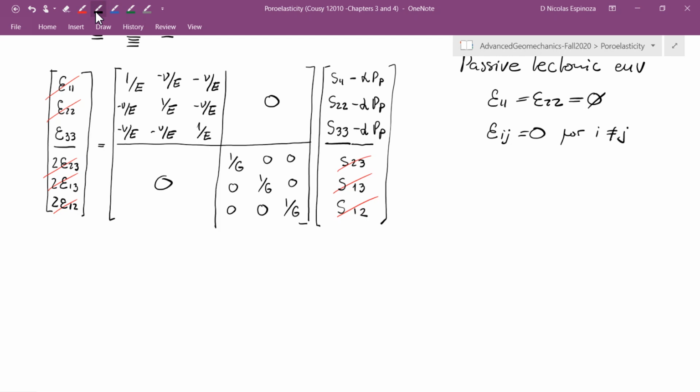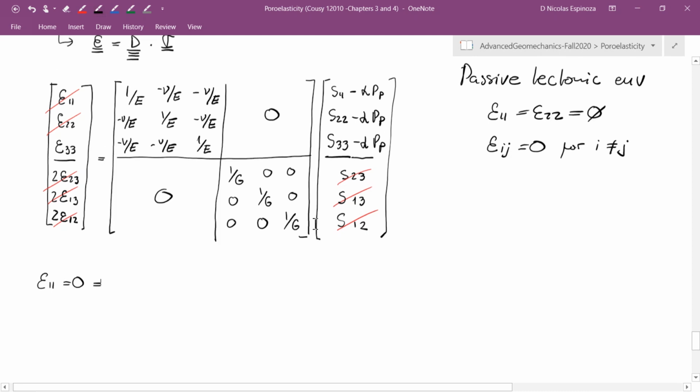For example, from the first line, if epsilon 11 is equal to 0, that also has to be equal to the product of the first row times the column, right? And taking advantage here of symmetry, I also know that since these two strains are 0, S11 has to be equal to S22.